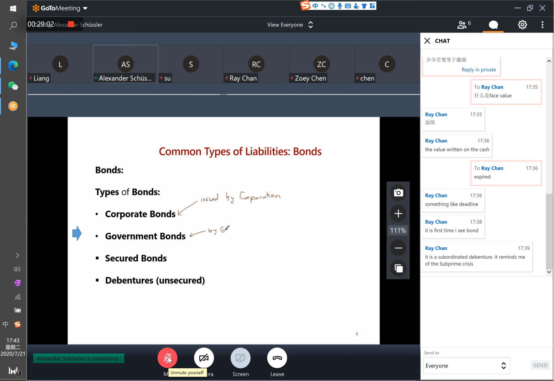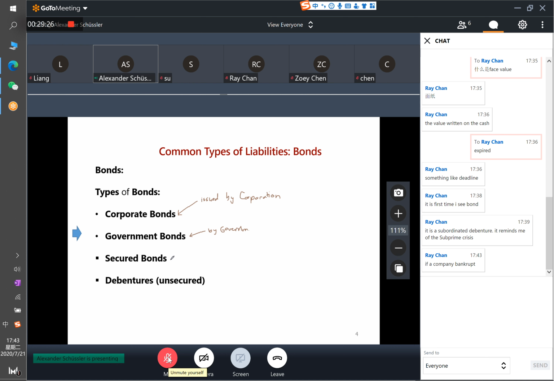Then we have secured bonds and debentures. Secured bonds are secured. Debentures are unsecured. A secured bond is like maybe you've heard of a mortgage loan.